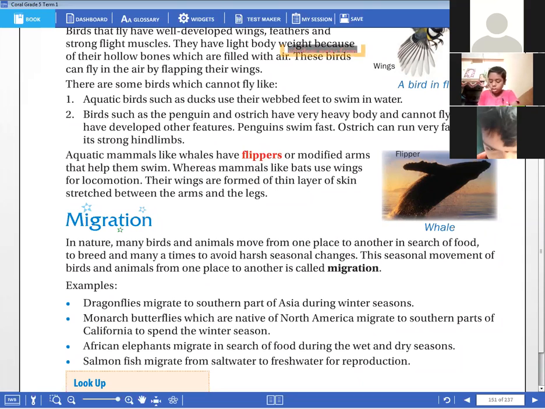Example, dragonflies migrate to southern part of Asia during winter season. Here they have given some examples, children. Dragonflies. What is a dragonfly, children? Can anyone tell me if you had an idea?